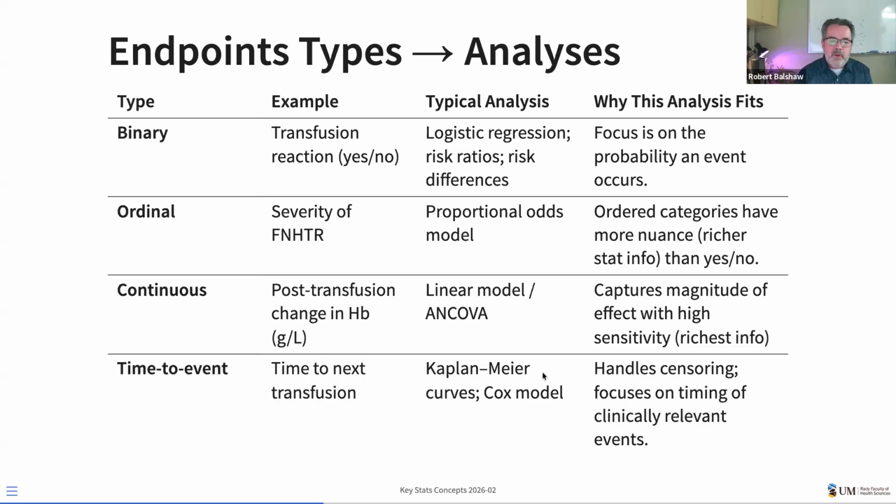You will all have seen many Kaplan-Meier curves and Cox models in our readings. And the advantage of those analyses is that they handle censoring. So that if a patient has been followed throughout the entire trial, and the event of interest has not occurred, the outcome has not occurred, they made it all the way to 12 months.